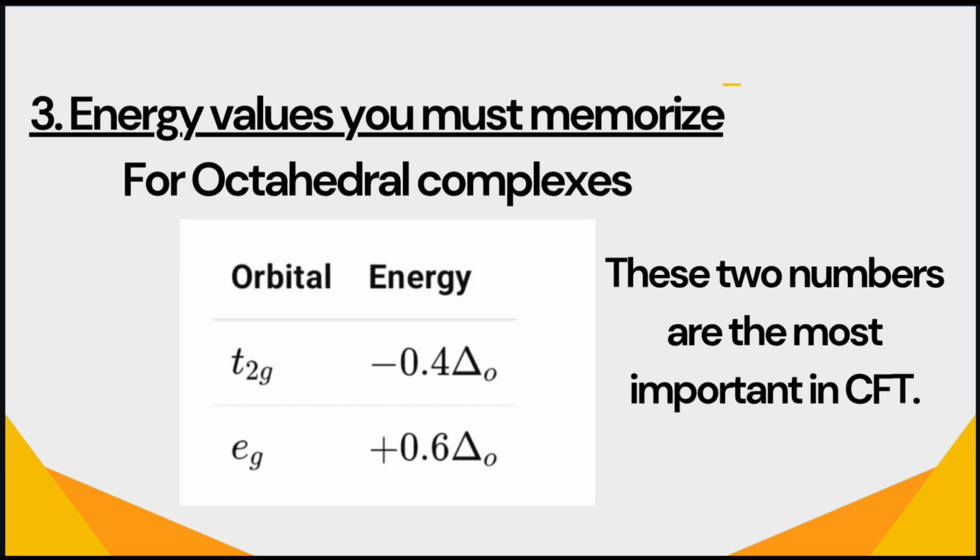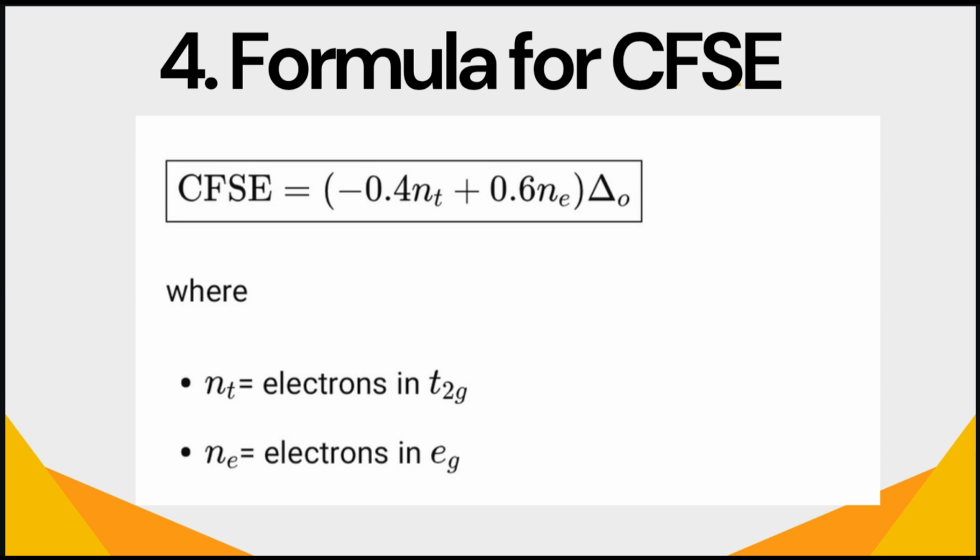This is important for solving the questions. Now, we'll see the formula for CFSE. CFSE is equal to minus 0.4 Nt plus 0.6 Ne into delta naught, where Nt is equal to electrons in T2g and Ne is equal to electrons in Eg.